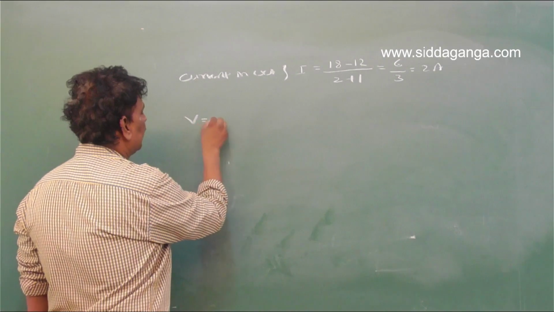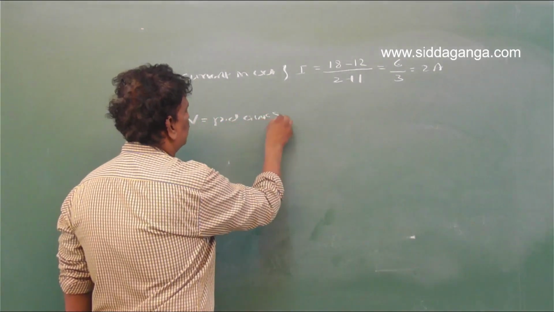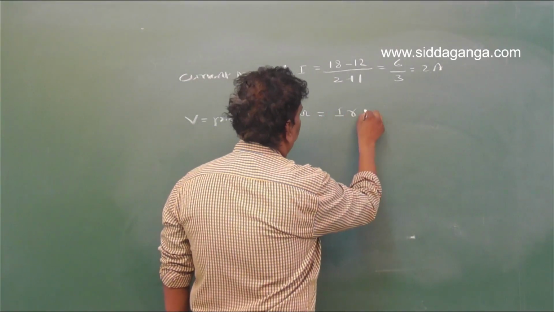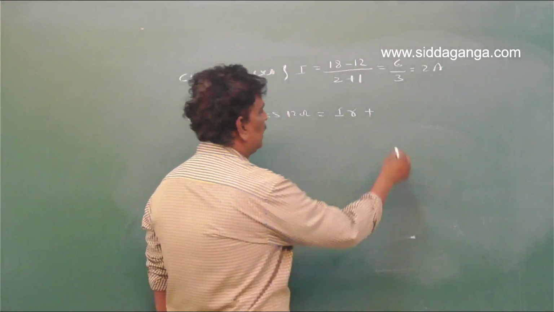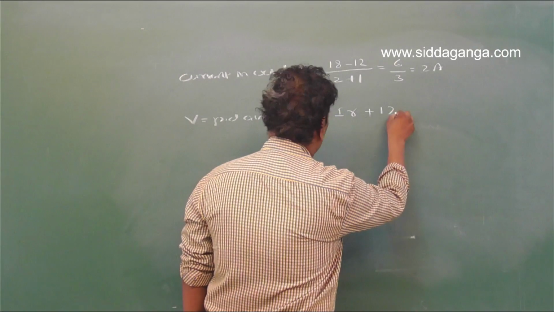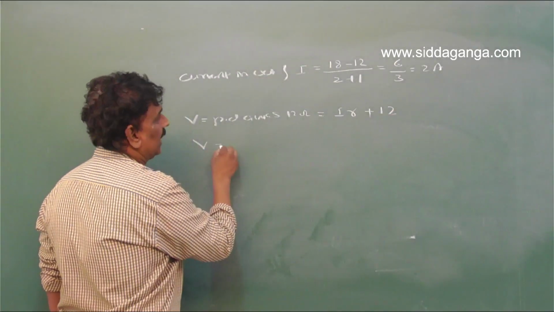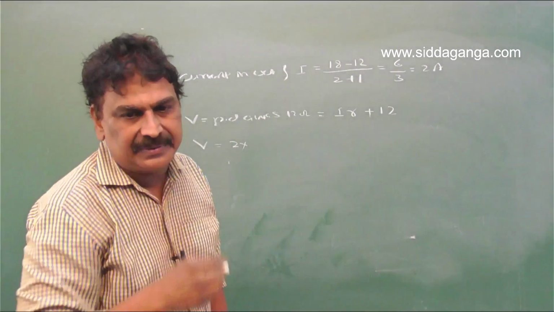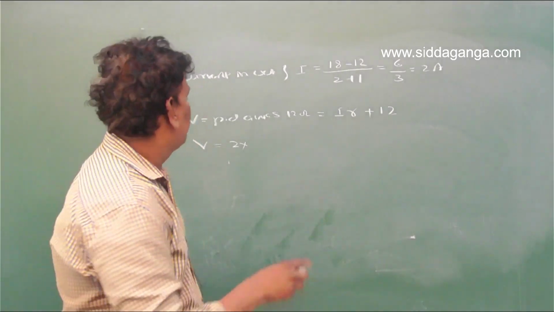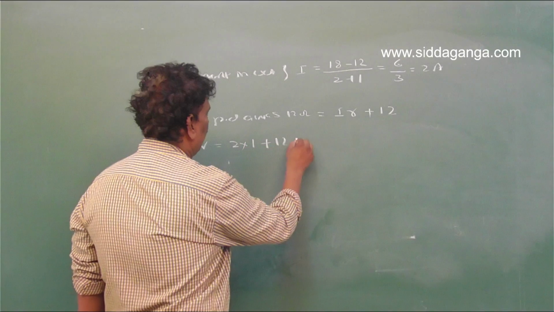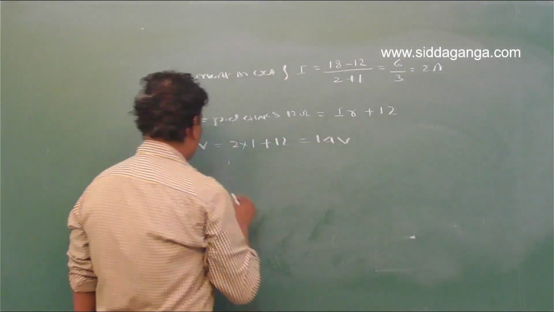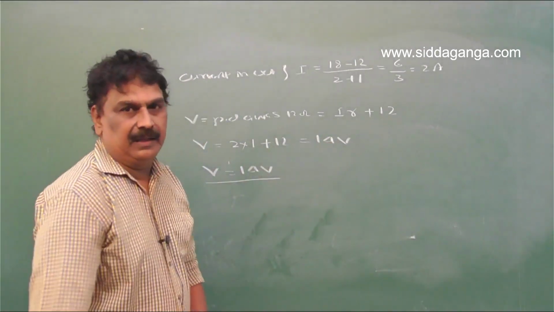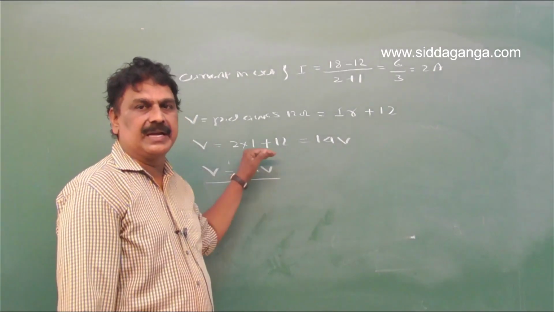So, the voltmeter reading is equal to the potential difference across the 12 volt cell, that is IR, the potential difference across the internal resistance, plus 12. So V is equal to I times the internal resistance, 2 into 1, plus 12, which is equal to 14 volt. The voltmeter reading is 14 volt.